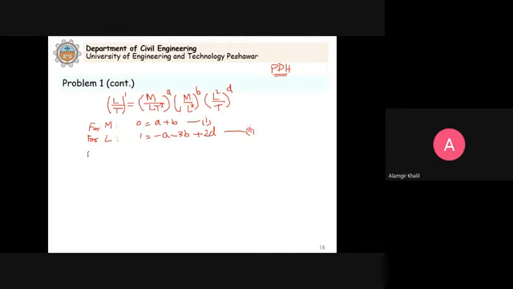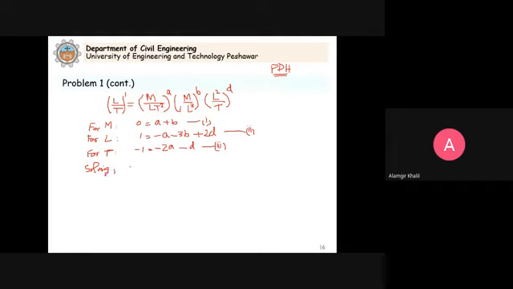And for time, we have here minus 1, minus 2A, and here minus D. So now we have 3 equations in terms of 3 unknowns.